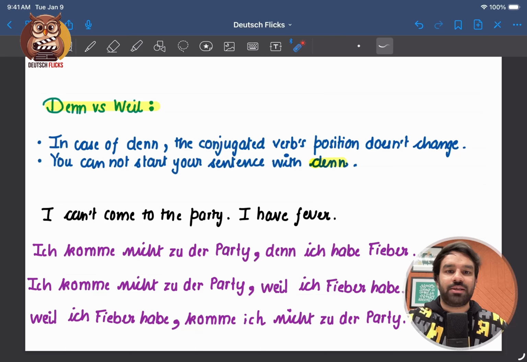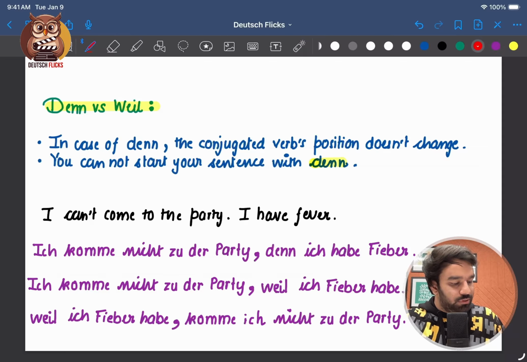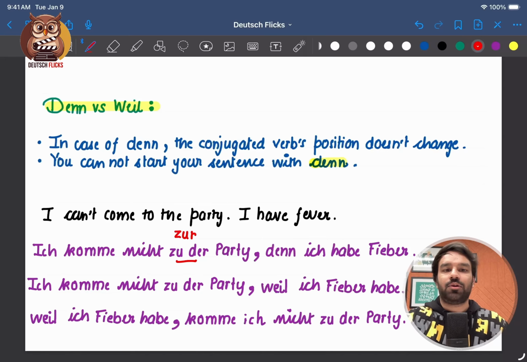So multiple ways of saying the same thing. By the way, you can also club zu and der together to form zur. You will hardly hear a German say zu der Party. They always say zur. And you also club zu and dem together to form zum.